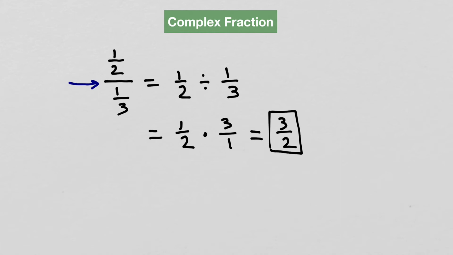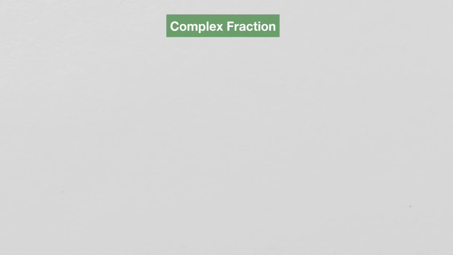Okay, let's do another one. Let's say we've got 4 over 1/5. Okay, again, here is the divider right there. So this becomes 4 divided by 1/5.